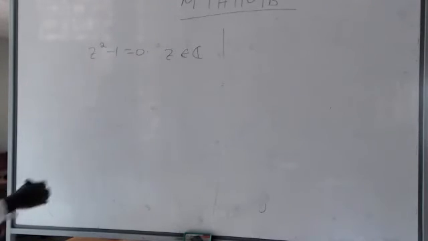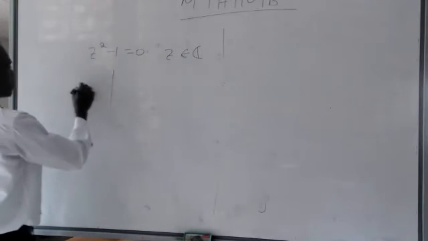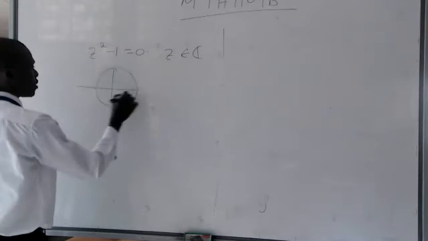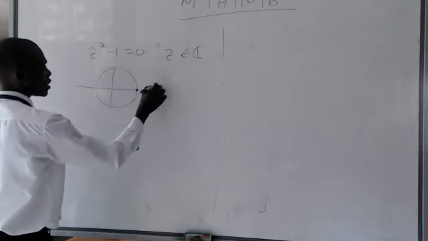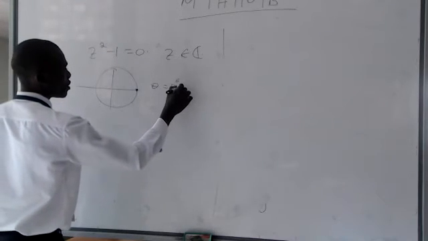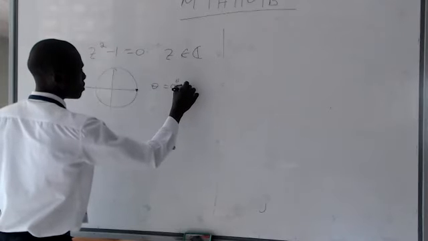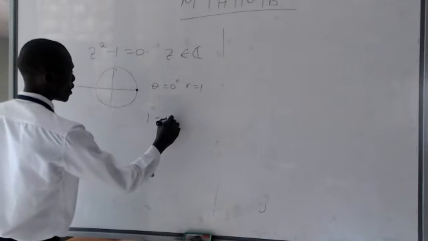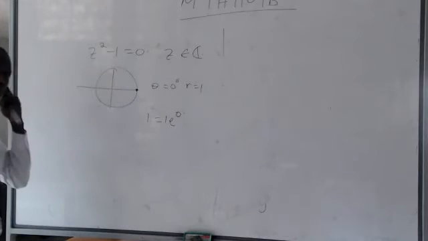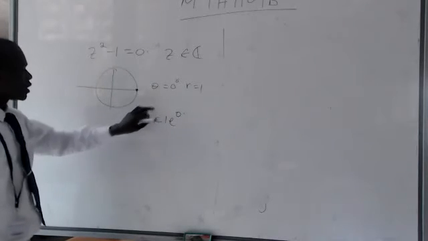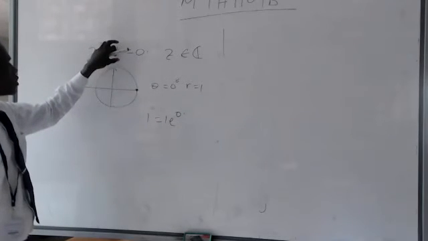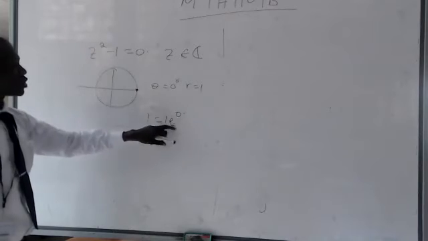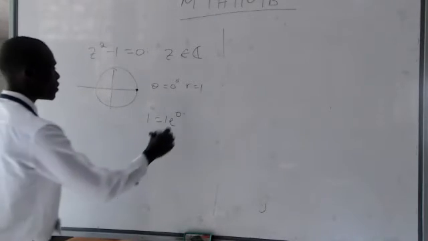What's the first thing? So this is your unit circle. 1 is here, so it means the angle is 0. The radius is 1. So we can write 1 as 1 exponent 0. The first step is usually to write this from rectangular form to trigonometric form or exponential form.